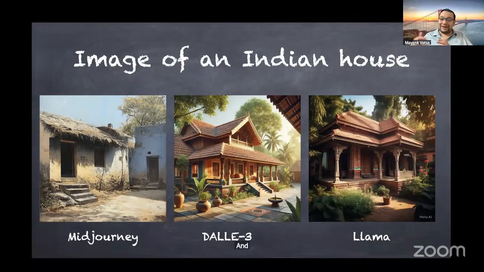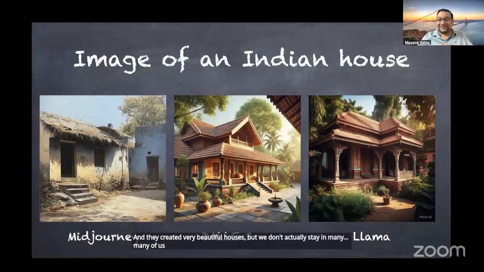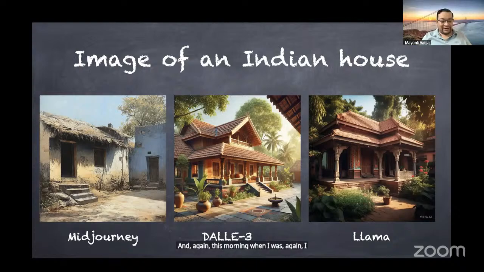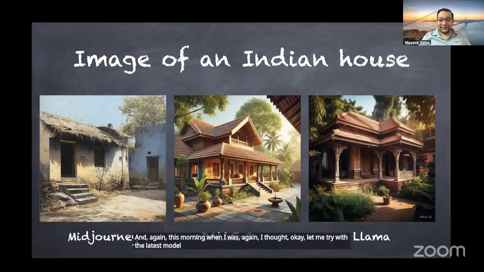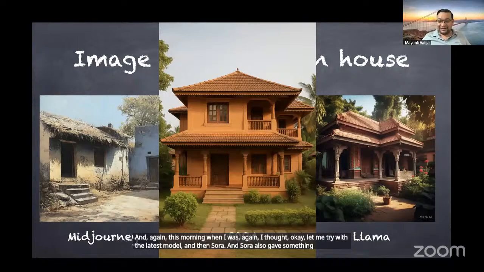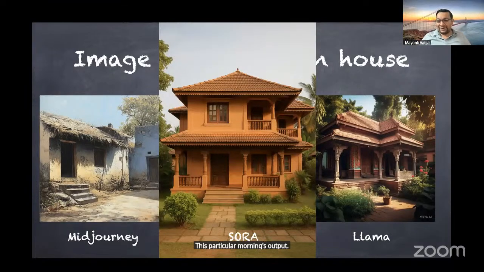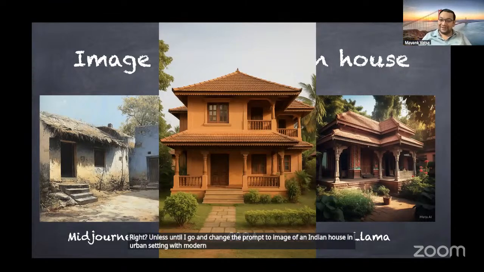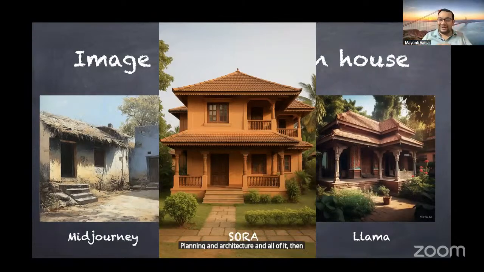And DALL-E and Llama have gone completely the other way around. They created very beautiful houses, but many of us don't stay in these kinds of houses. This morning I tried the latest model, Sora, and Sora also gave something like this. This is this morning's output. So no matter what I do, unless I change the prompt to image of an Indian house in an urban setting with modern planning and architecture, I won't get something closer.